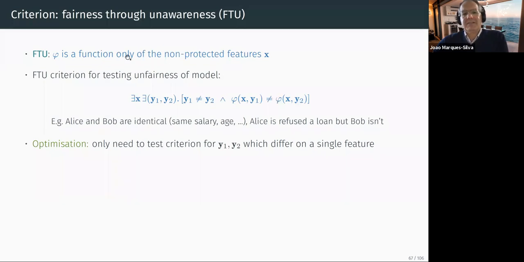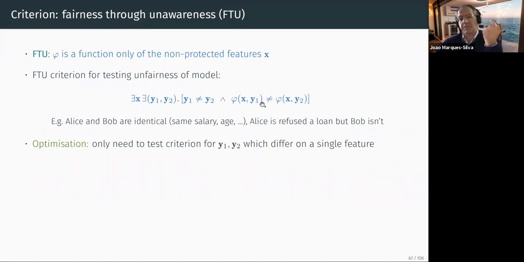So we can model this informal criterion in logic as follows. So if this fails, then it will not be fair. So we can test unfairness of the model as follows. I'm looking for some non-protected features such that there are two different protected features, and the prediction is different for the same non-protected features.